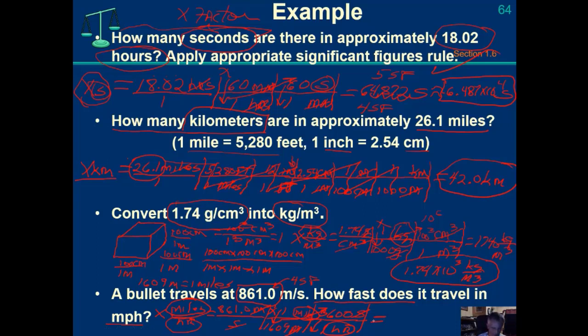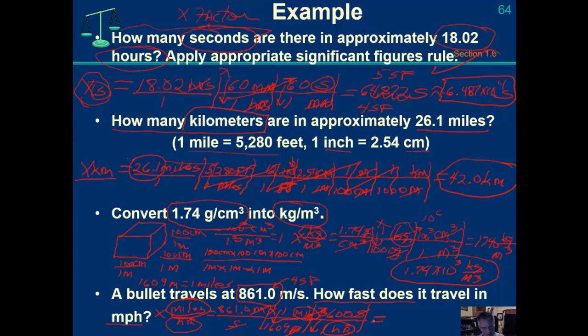It's a beautiful thing. 861.0, and that's times 1, and you don't have to put the times 1 because that doesn't change anything, divided by 1609, and then times 3600, and you don't have to divide by the 1 because that doesn't change anything.